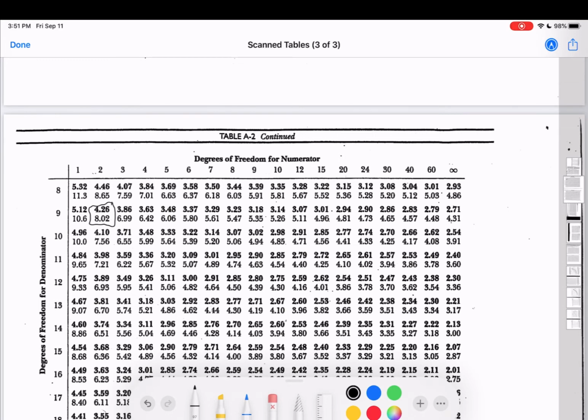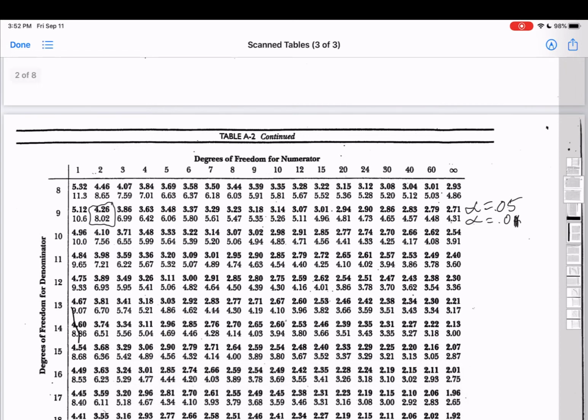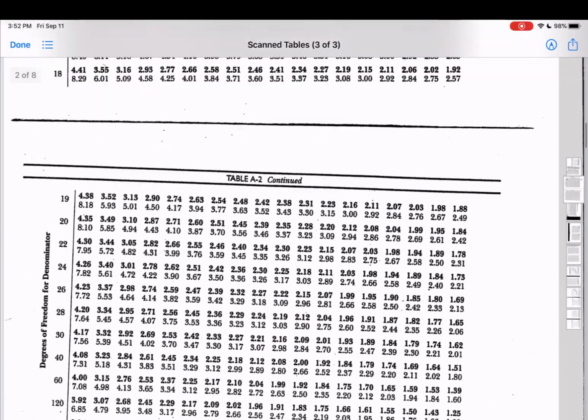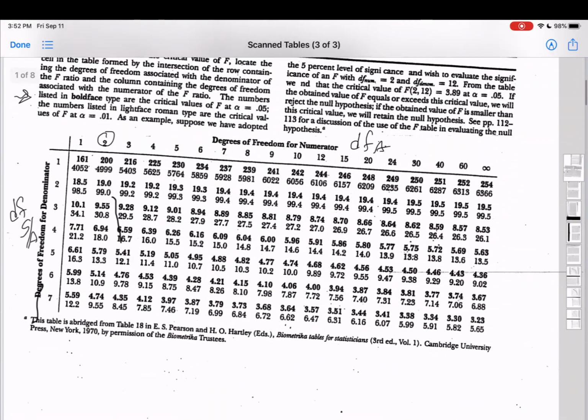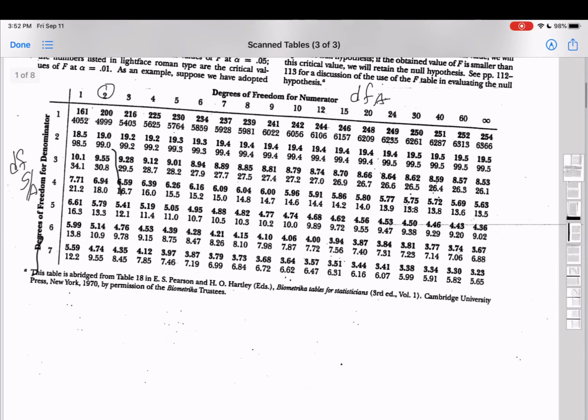So 4.26 would be the critical value if alpha is equal to 0.05, and the light face one, 8.02, would be for alpha equals 0.01. Whoops, 0.01. Okay, so we're going to use 4.26. Okay, and this table actually continues on for another page. So it's on 3 different pages in your book.